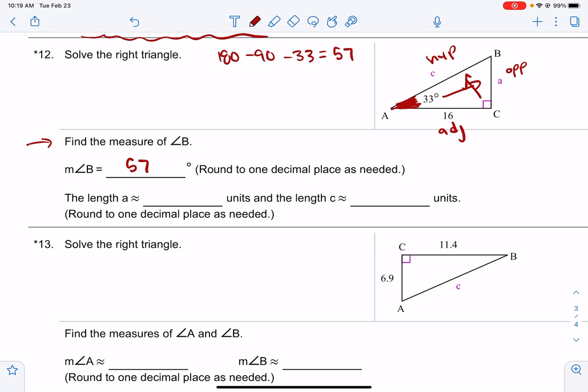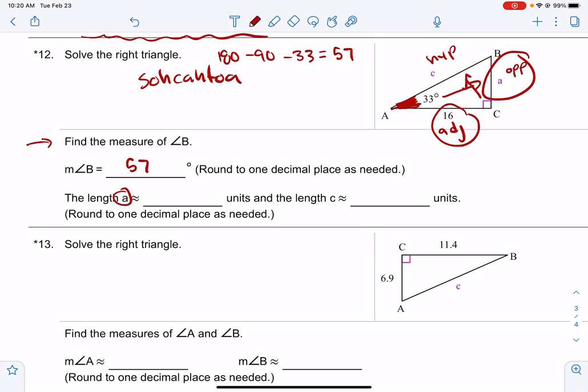So I want to use Sohcahtoa, and I want to set up a trig ratio to help me find the sides that I don't know. And again, I'm going to use their hint to start with A. So the first thing I'm looking for is the opposite. Now I know the hypotenuse is C and the adjacent is 16. The hypotenuse isn't going to help me find the opposite because I don't know what it is, but the adjacent will because I know that the adjacent is 16.